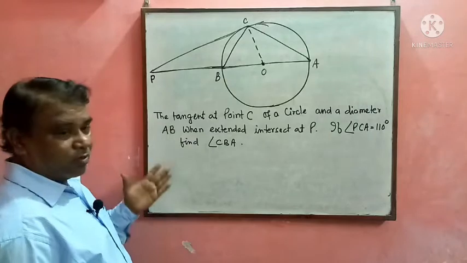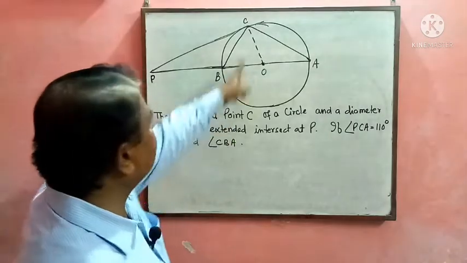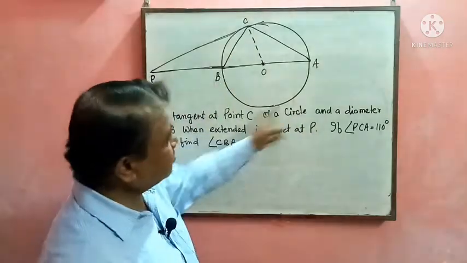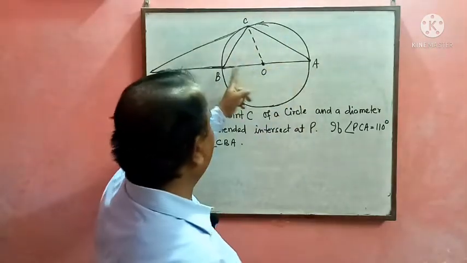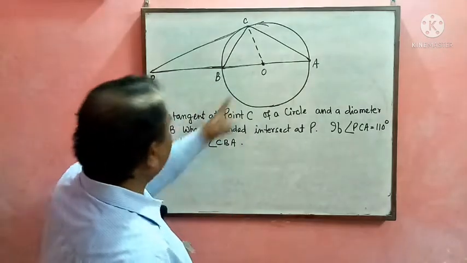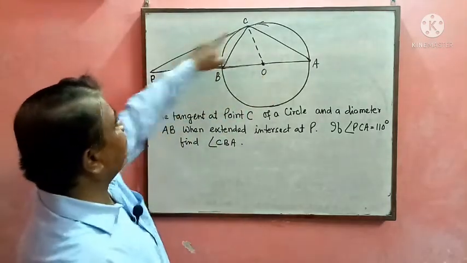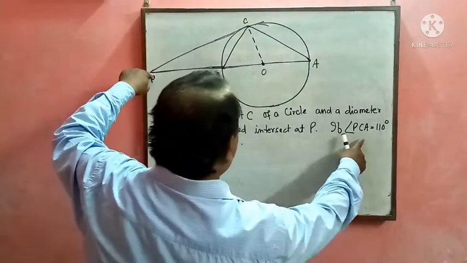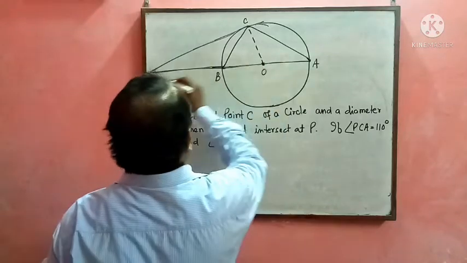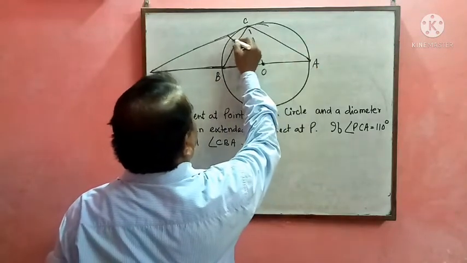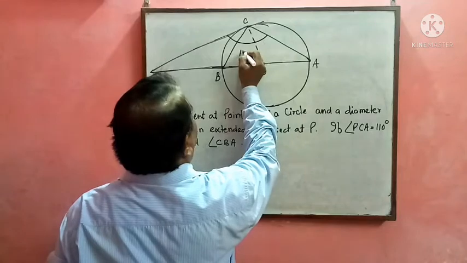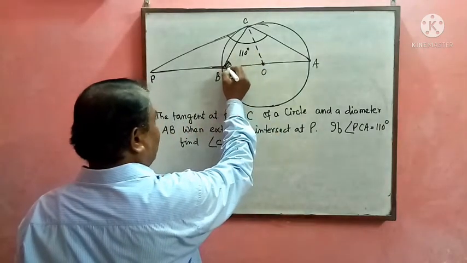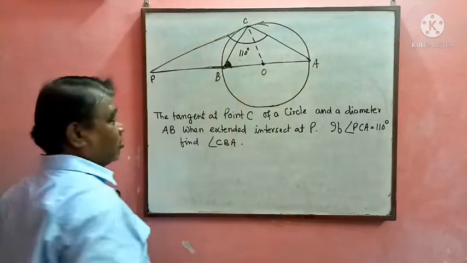Now the question: the tangent at point C of a circle, and a diameter AB, when extended, intersects the tangent at P. If angle PCA is given as 110 degree, you are asked to find out this angle. Try to follow this angle.